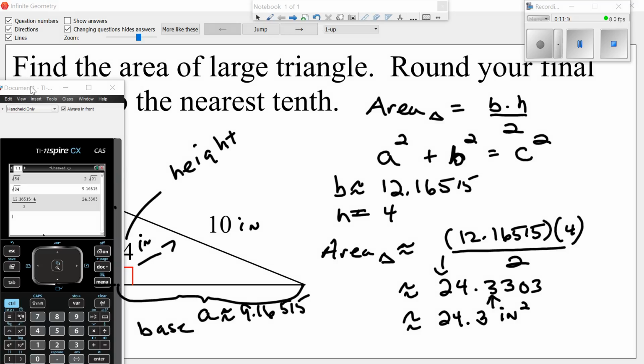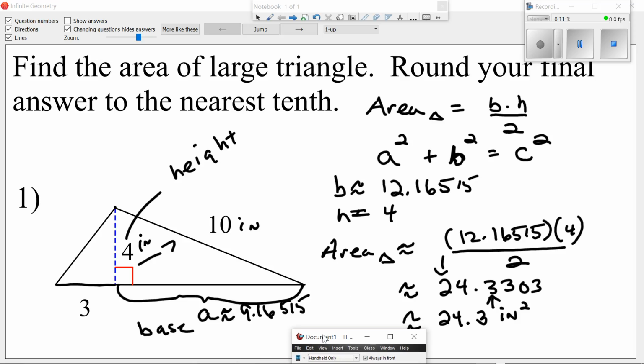Let's quickly recount what we did here. Remember, the area of a triangle is base times height divided by 2. I used my Pythagorean theorem to find the missing part of my right triangle. This is a leg of the triangle, and so is this one.